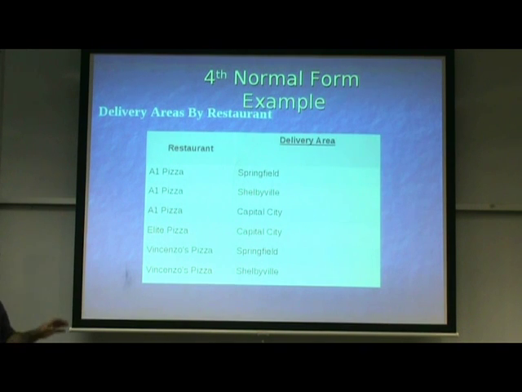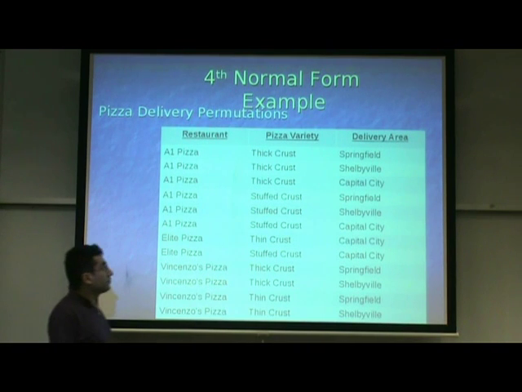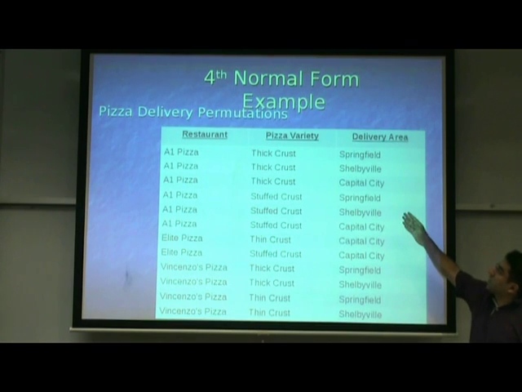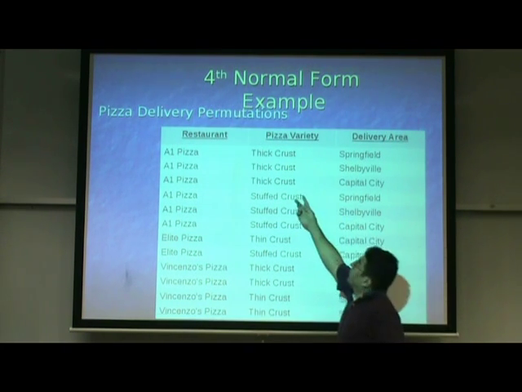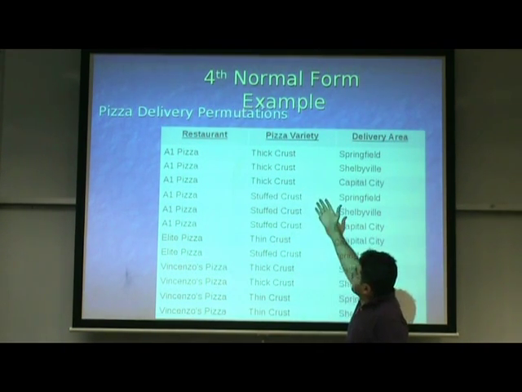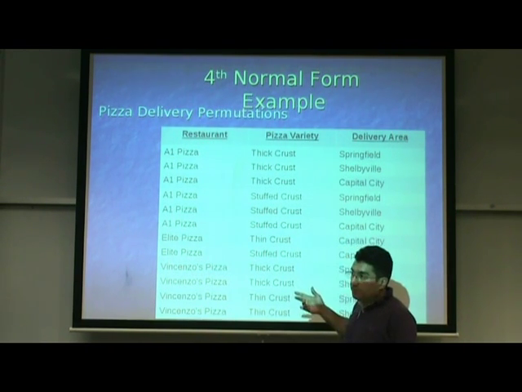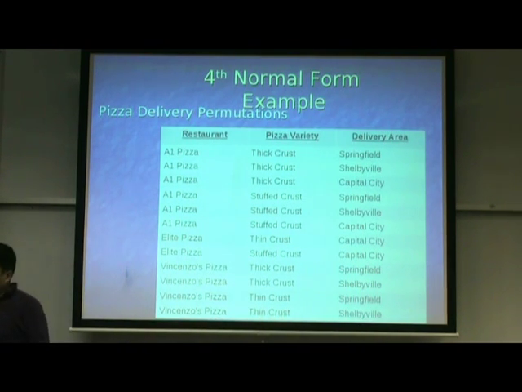So basically, what we have here is a many-to-many relationship. All of you can see three types of areas: Springfield, Shelbyville, and Capital City, all of them repeated. Here, pizza variety, different types: thick crust, soft crust, and thin crust. So three types, all of them repeated, and different restaurants, all of them repeated.